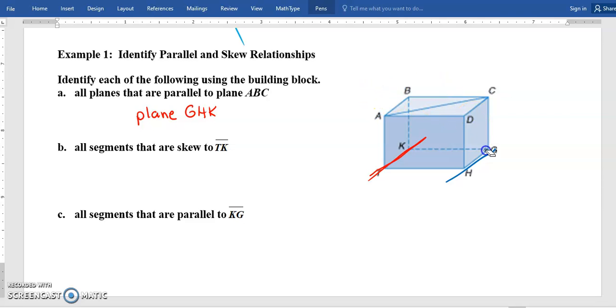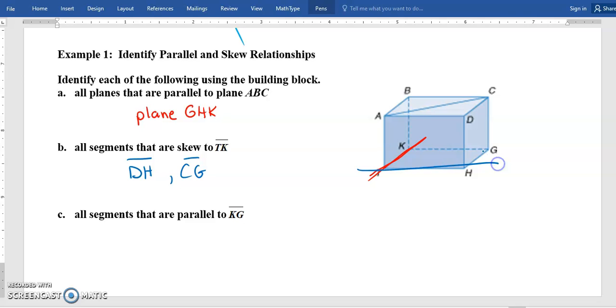The ones that are skew would be like this one. Okay, so segment DH, or this one, segment CG. They're the bottom ones, if we think about it. Erase them. There we go.